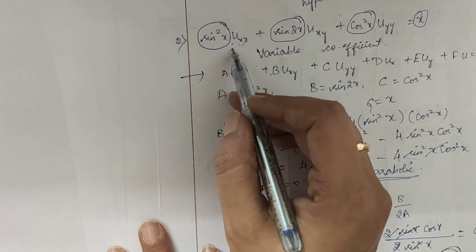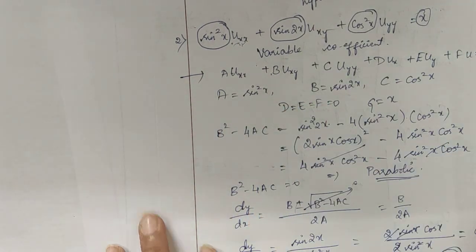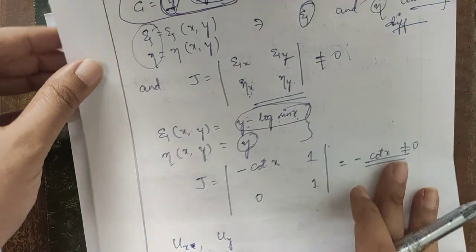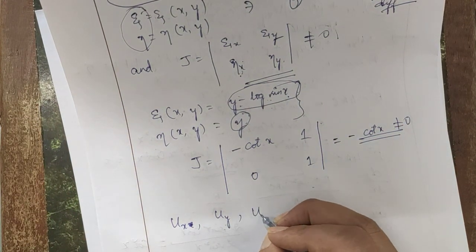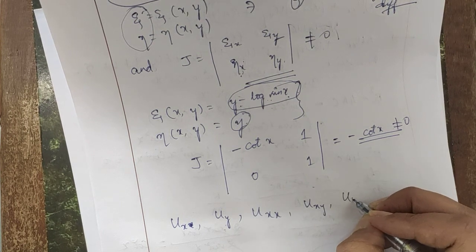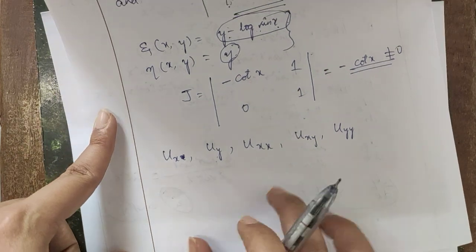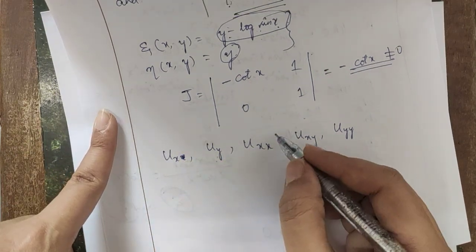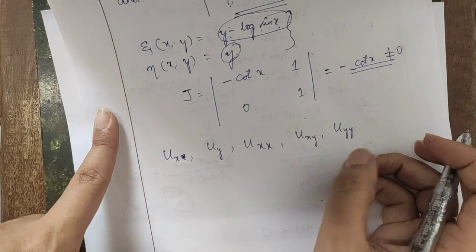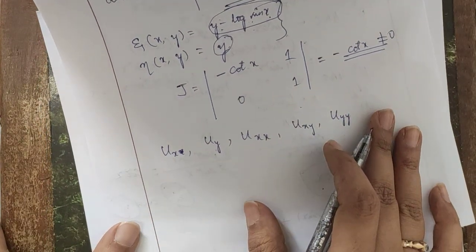For this I need to find out ux, for these two I need to find out uy. So now we have to find out all the unknowns, right? We already know the formulas to find out ux, uy, uxx, uxy and uyy. Let us substitute the values into those formulas.